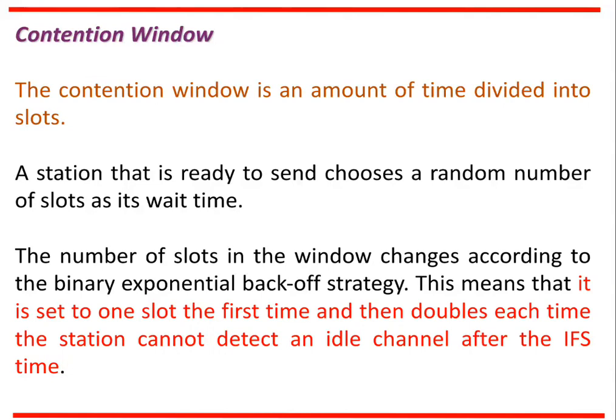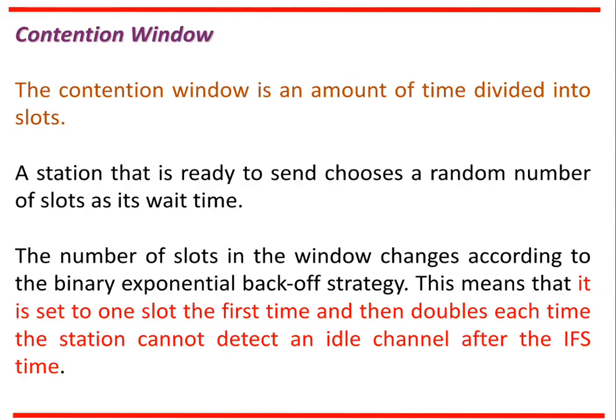So the contention window is an amount of time. It is divided into slots. A station that is ready to send chooses a random number of slots as its wait time. And the number of slots changes according to the binary exponential backoff strategy.